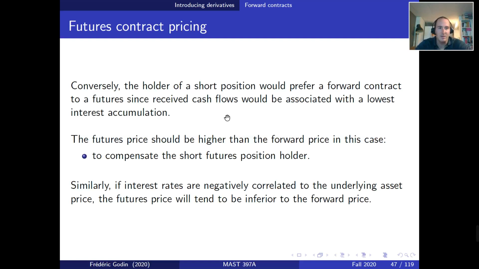So, to convince yourself that what I just said is true. What I just said is pretty complicated because there are many cash flows, correlations, and positions involved. So please take some time to reflect on this before going on to the next topic.